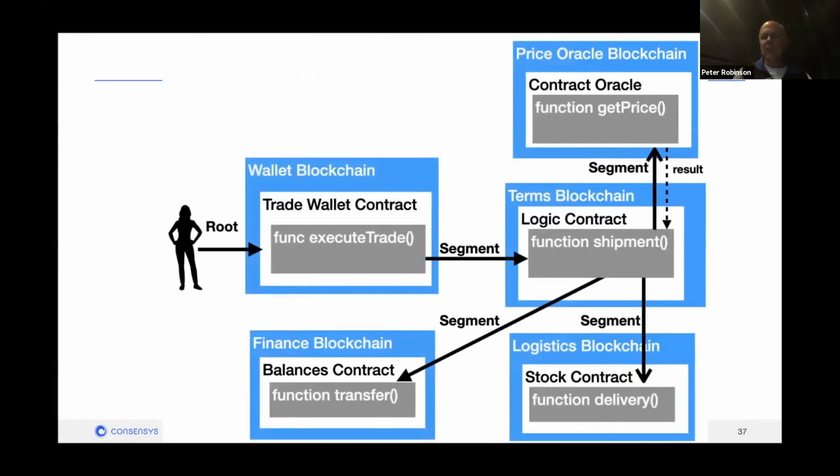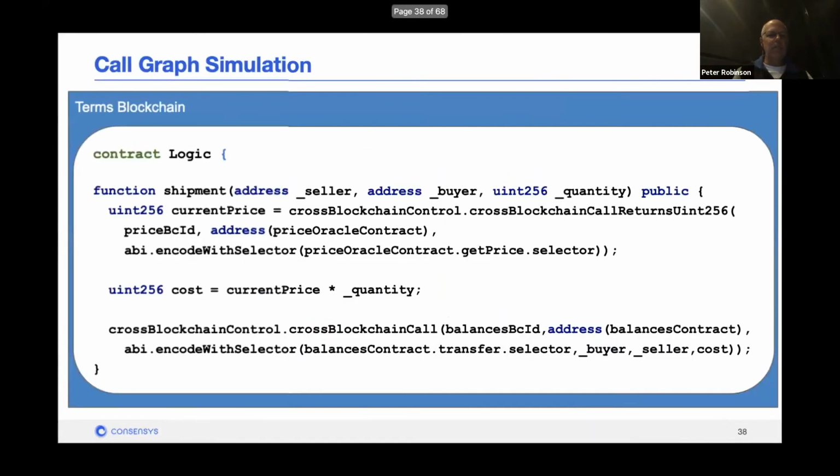If you look at the example that we had, if you were on that logic blockchain, you might have that shipment function, and you can see you're going to need to have the seller, the buyer, and the quantity parameter values determined ahead of time.